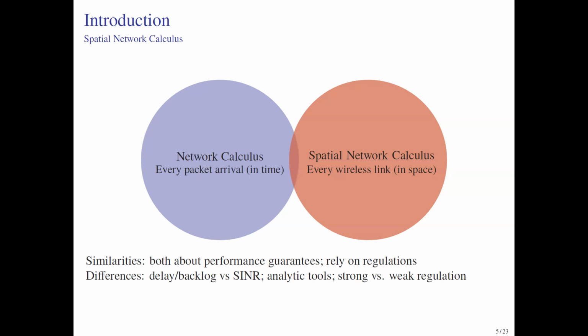And also in terms of the analytical tools we use to get to the guarantees. And finally, there's also a notion of strong versus weak regulation in the spatial network calculus, which I will talk about in a moment. And I will start with the strong regulations.